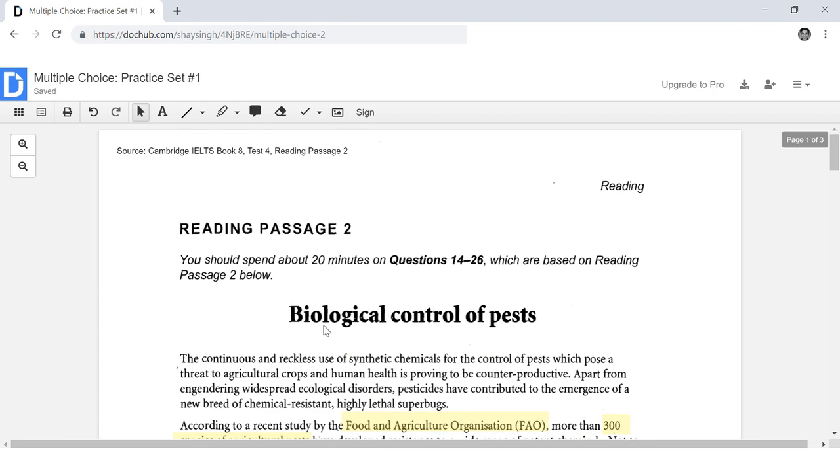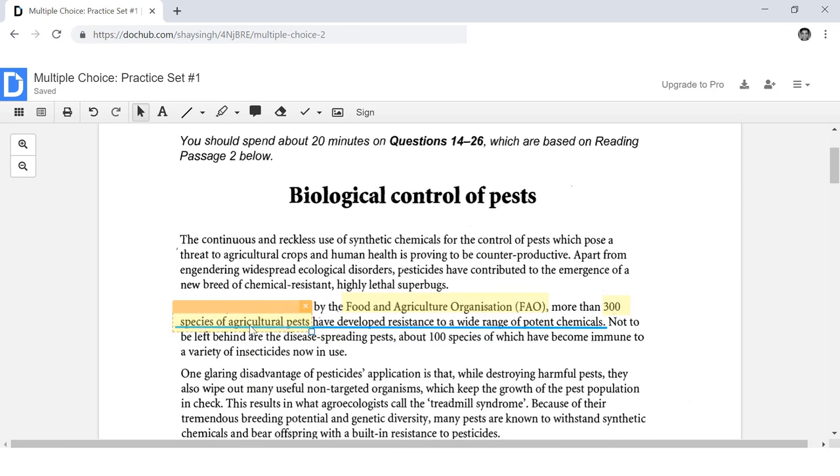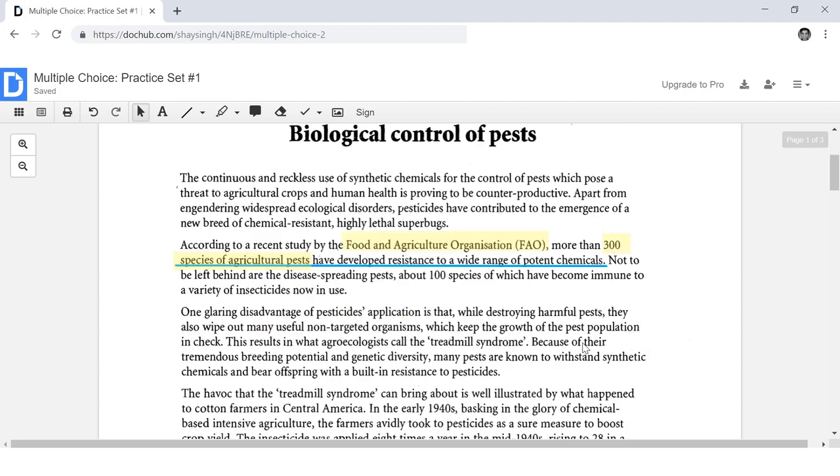We're talking about the same thing. So these 300 species of agricultural pests have developed resistance. They have developed resistance to a wide range of potent chemicals. That means that when you try to kill them, then they simply don't die. They are very resistant. They have become too strong. See, they don't respond to the drugs, to the chemicals anymore. So that's what that means.